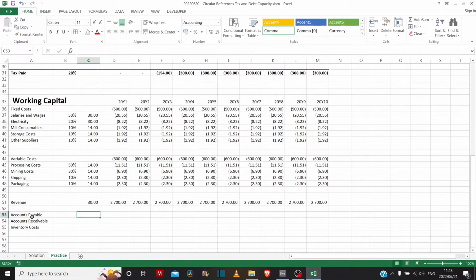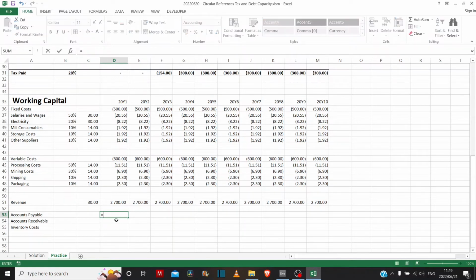Okay, so our accounts payable is the money that is due to our external suppliers that is as yet unpaid. So that's money sitting in our bank accounts. Because it's money that's sitting in our bank accounts, I'm going to treat it as though it's a positive for working capital. In other words, it's a cash inflow, if you will.